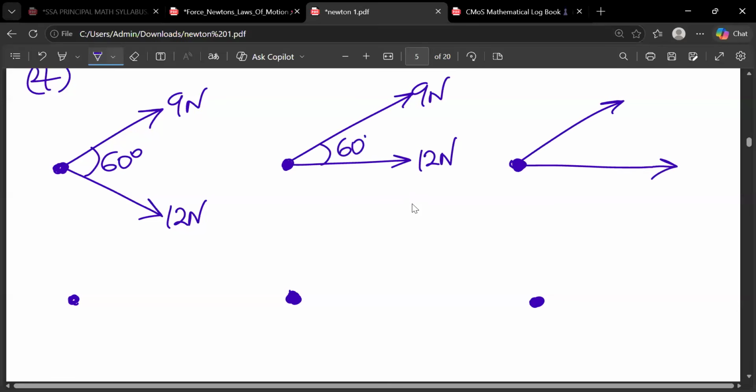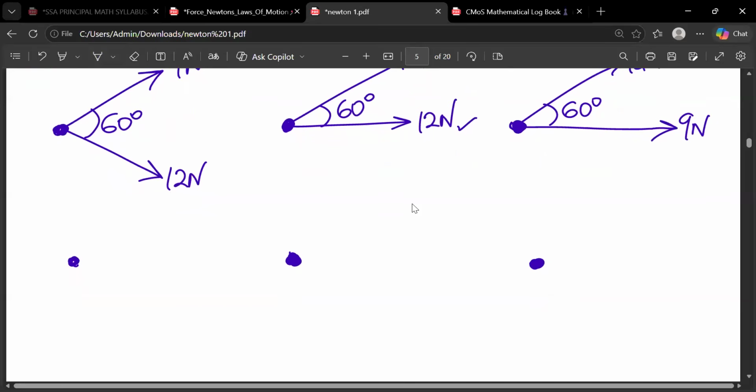This is also okay. Because, yes, the body is here, the 2 forces are here, and between them, we have the 60 degrees. Or we can have the 12 here, or the 9 here, and still we have the 60 degrees here, like that. Or someone can have the diagram in any way that they want.